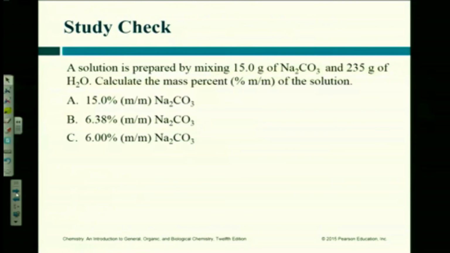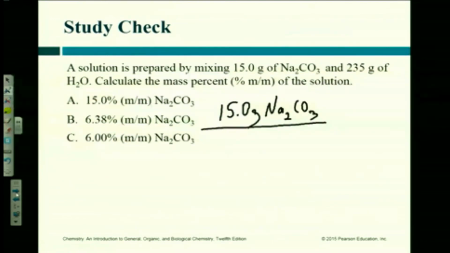Here we go. What are we going to do? It's asking for mass percent. So what do I need to put on top? 15 grams. Why? Because that is 15 grams of my solute. What's the name for this solute? Anybody know? What's the name of this solute right here? Sodium carbonate.